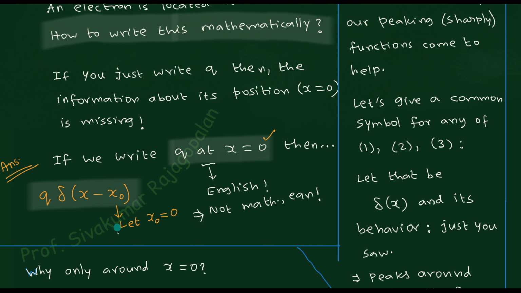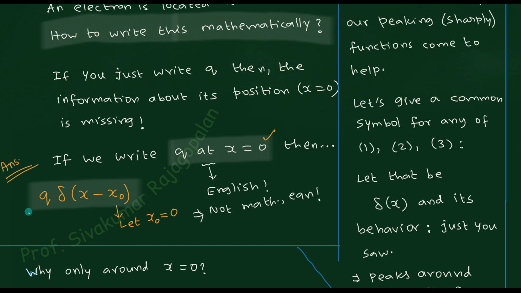So at this particular location, you say that this is q, and if you go a little bit away from the peak, once again 0, 0, 0, 0, 0. So this is the set of numbers that you will get corresponding to this kind of expression. So our conclusion is, how to write that an electron is located at x equal to 0? That was the question. The answer is, we write q multiplied by the Dirac delta function x minus x naught.